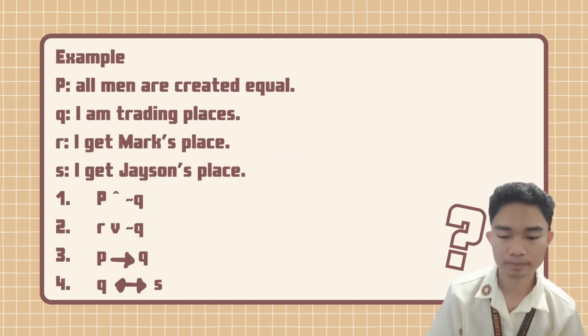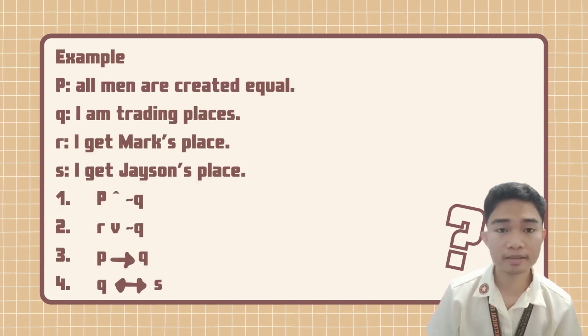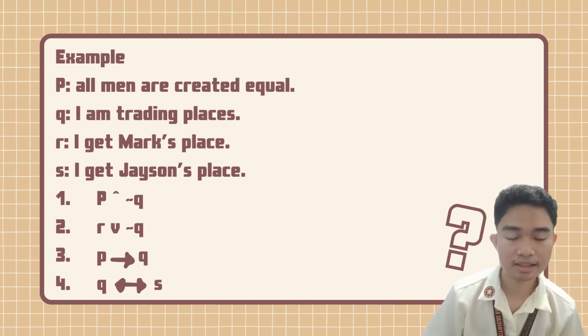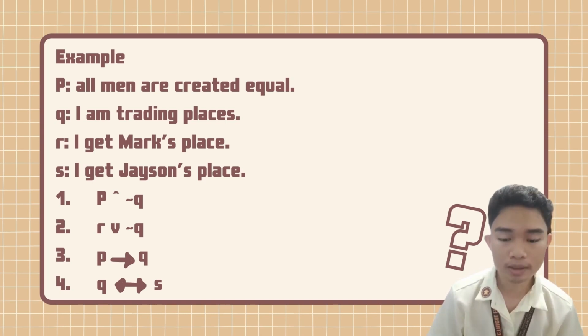So for example, let P become all men are created equal. Q become I am trading places. R is I get Mark's place. And S is I get Jason's place. So for number 1, there is a logical connective, negation.